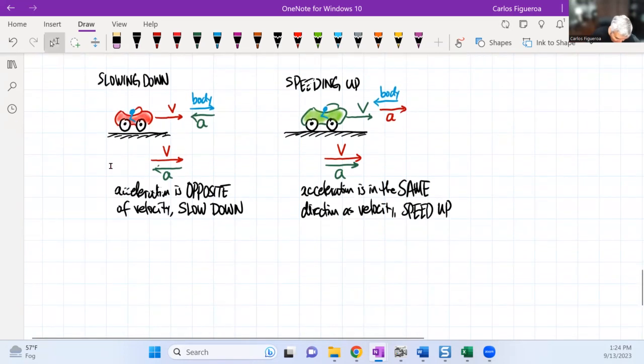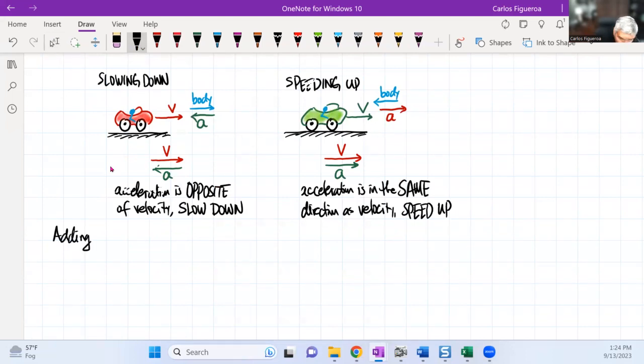So now adding acceleration to motion diagrams, we have the following thing. So if I have constant velocity, right?